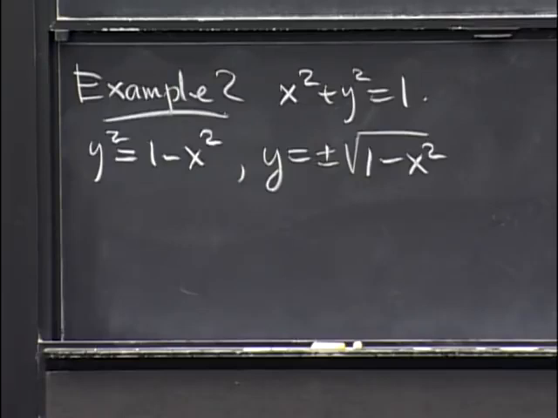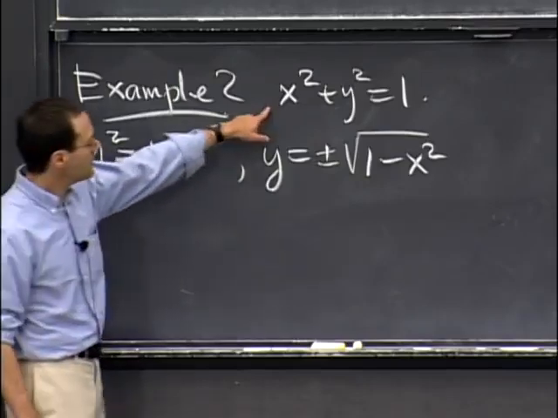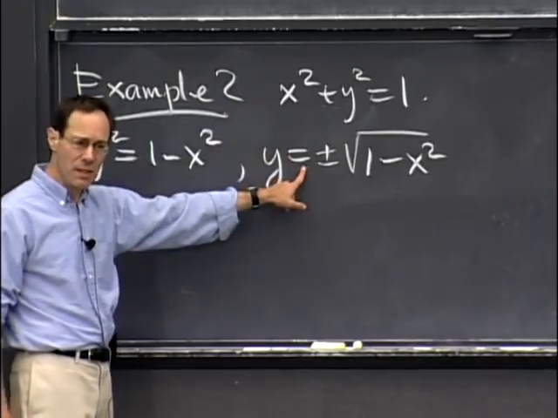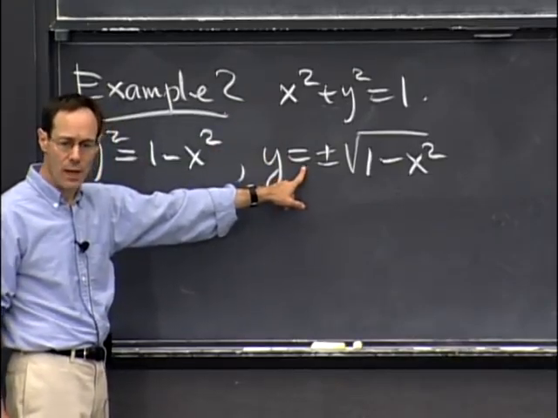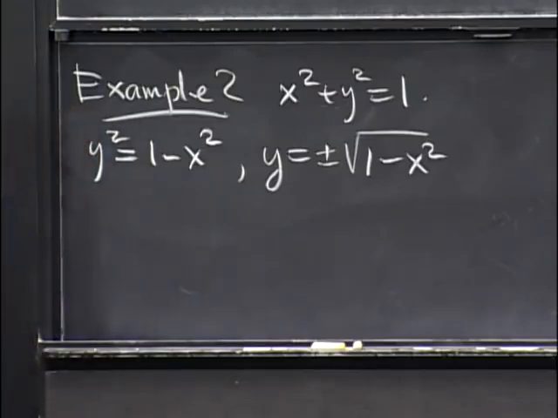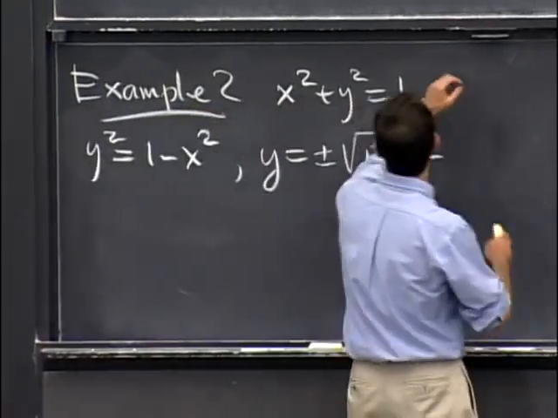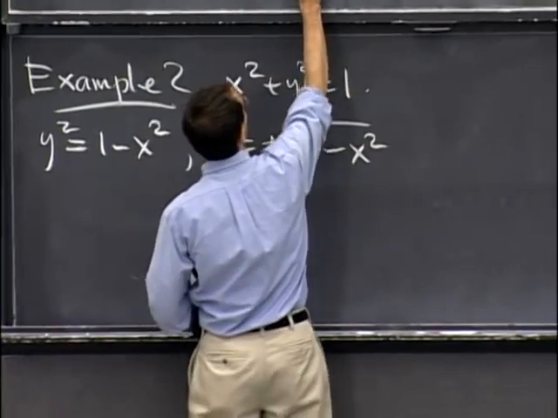So this, if you like, is the implicit definition. And here is the explicit function, y as a function of x. And now, just for my own convenience, I'm going to take the positive branch. This is the function. Let's just draw it right above here.